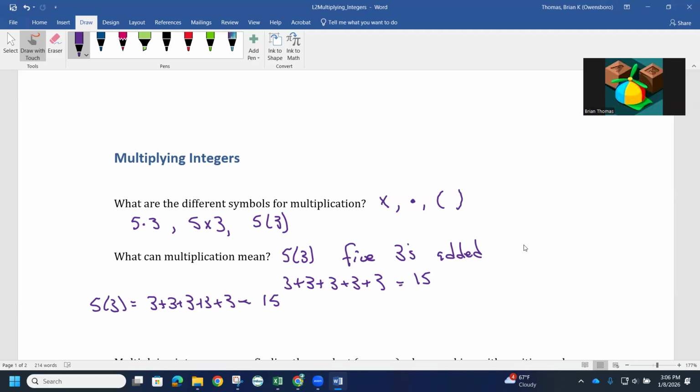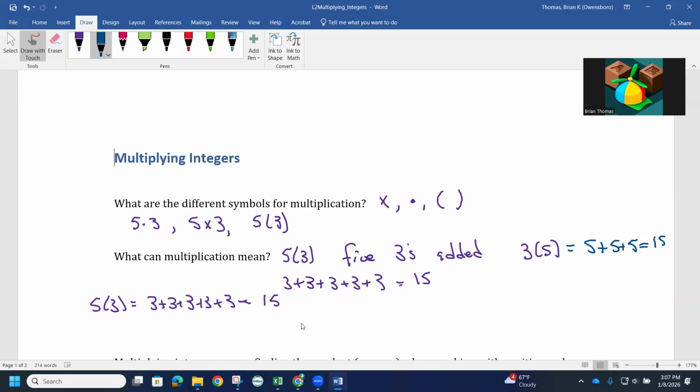Note though, if we go 3 times 5, this is the same thing as 3 fives. So actually, this is equivalent to 5 plus 5 plus 5. So 3 times 5 is the same thing as 5 plus 5 plus 5, and that's 5, 10, 15.